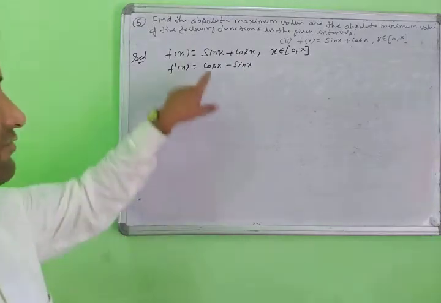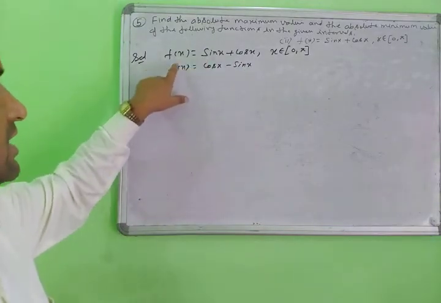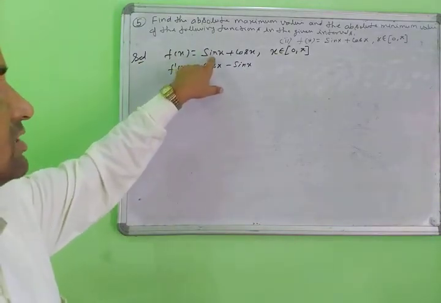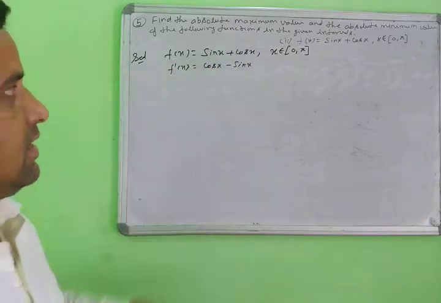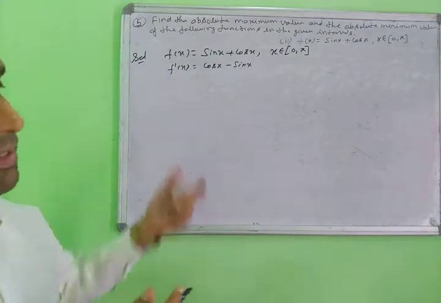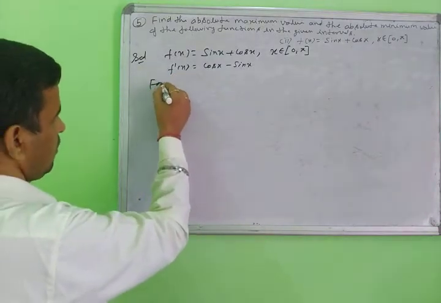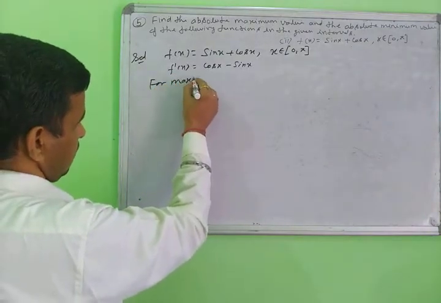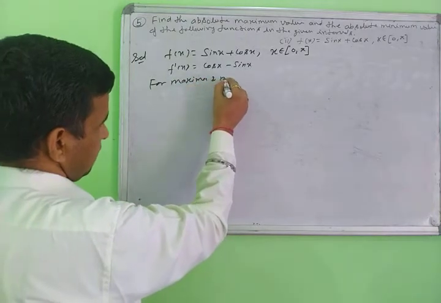This is a direct differentiation. Differentiating, the derivative of sin x is cos x, and the derivative of cos x is minus sin x. After that, we will find the maxima and minima.